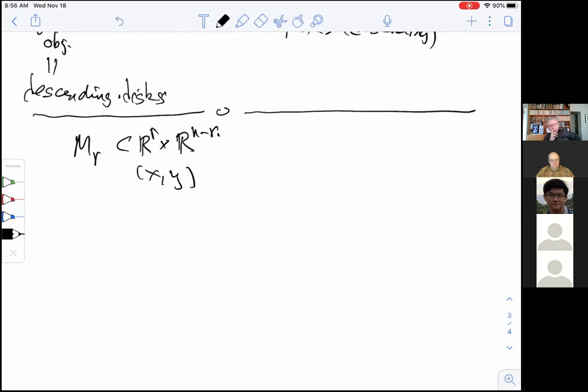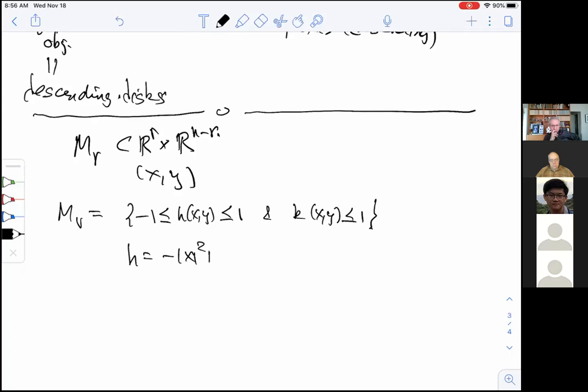And MR is given by the inequalities -1 less than or equal to H of X, Y less than or equal to 1, and K of X, Y less than or equal to 1, where H is simply the standard Morse function, and K is a product of the norms squared of X and Y.